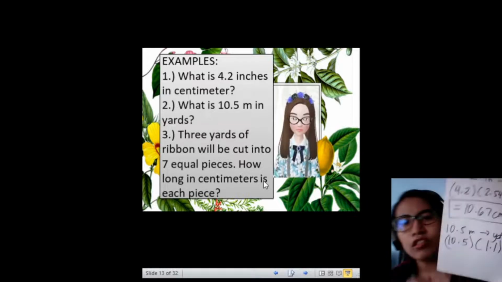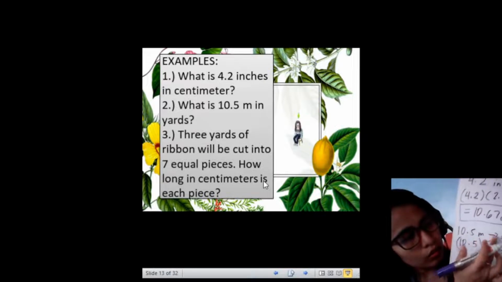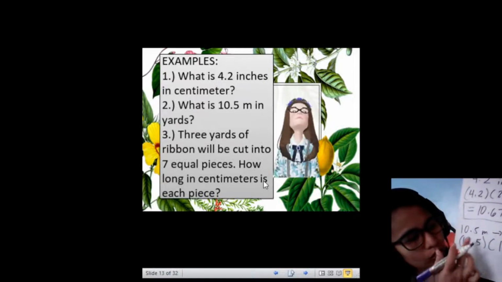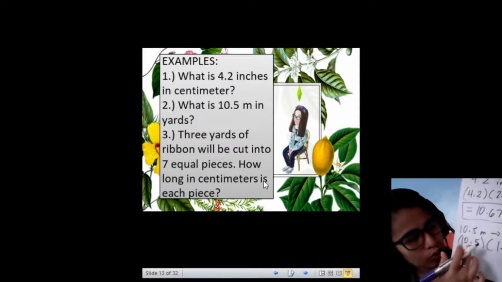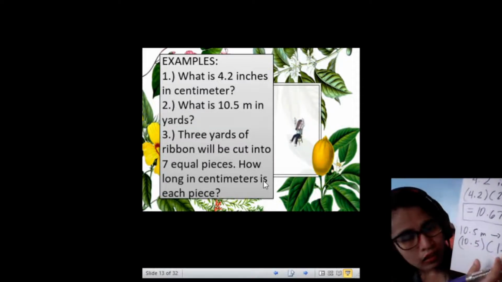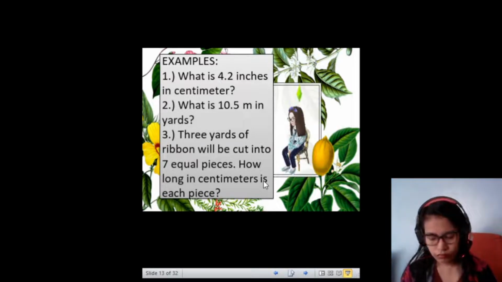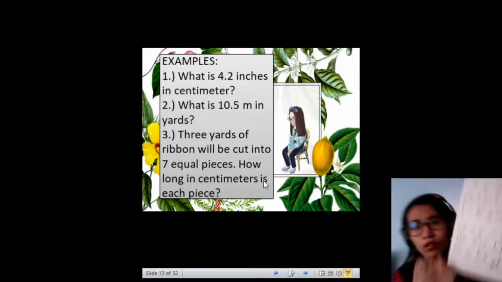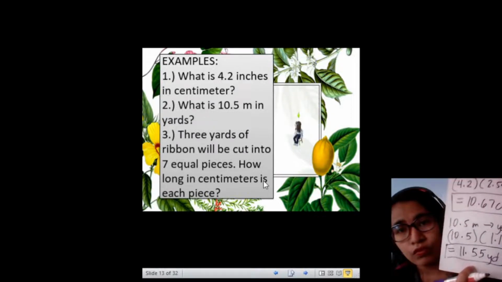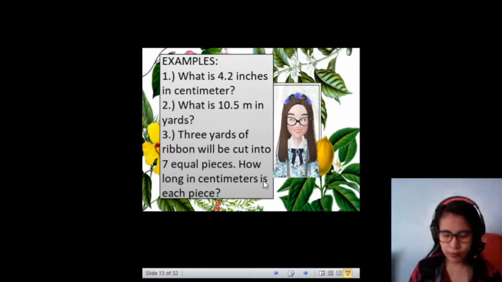Since our goal is to convert 10.5 meter into yards, we need to multiply, knowing that 1 meter is equal to 1.1 yards. So 10.5 times 1.1 will be equal to 11.55 yards. So that is our answer on the second question.